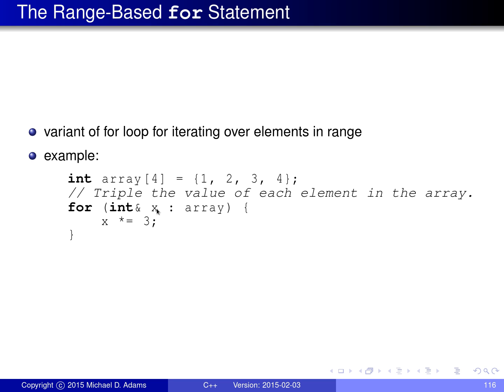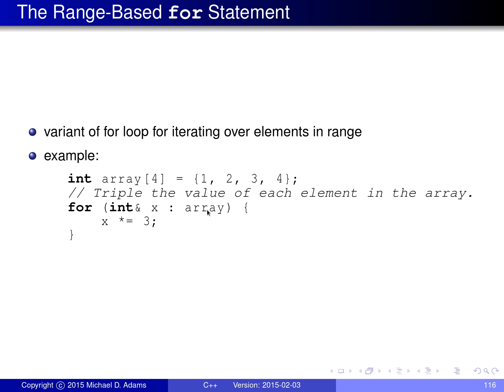Basically what happens is we're going to loop for each element in this array. The thing that comes after the colon is some kind of container or array, something that holds a bunch of elements, and we're going to loop over each of the elements in this container. In this case, it's an array with 4 elements. Each time through the loop, this variable here, the thing to the left of the colon, is going to take on the value of one of the values that are stored in this container.